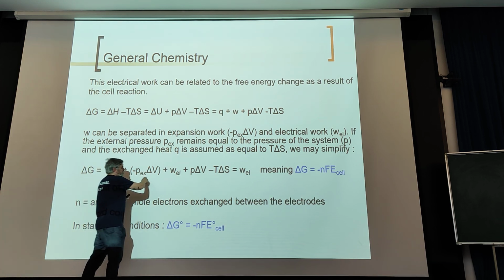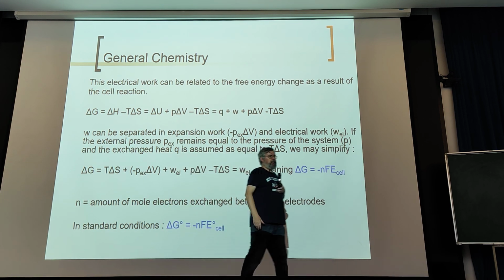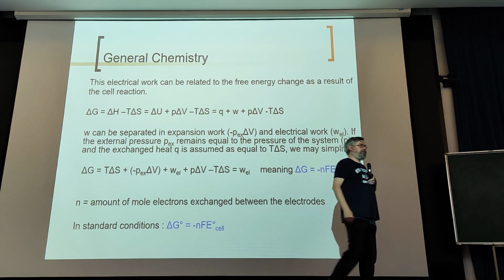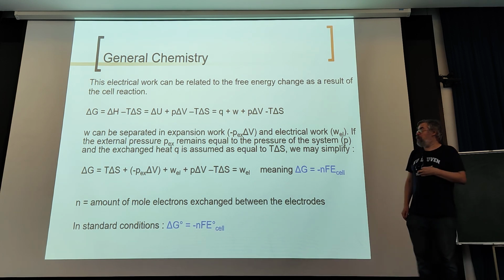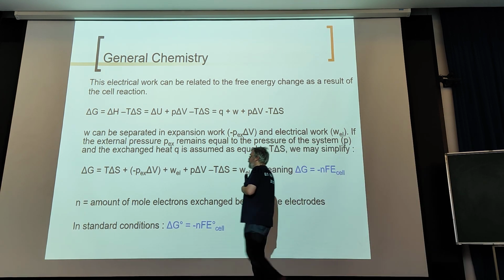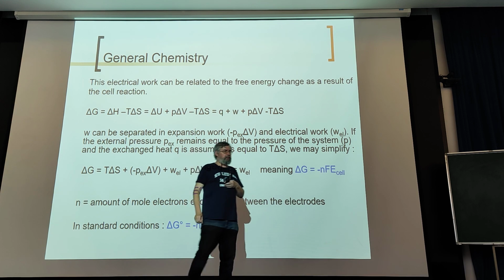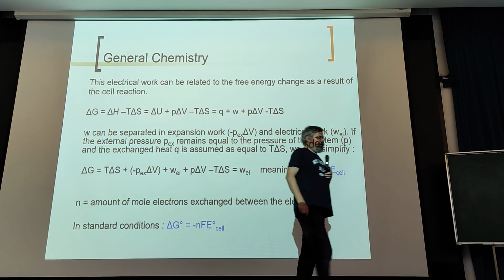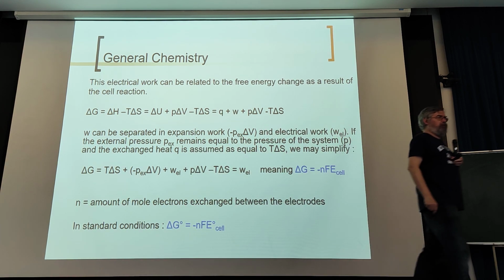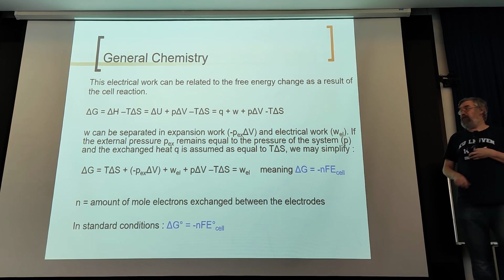And if the pressure is constant, then also these two expansion parts are cancelled. So that means this leaves only the electrical work part. So in these kind of reactions, electrochemical reactions or redox reactions, we will only consider the electrical part of the energy.